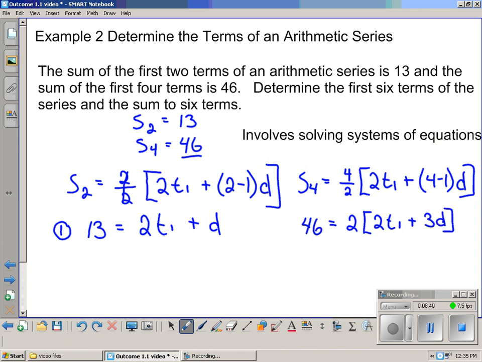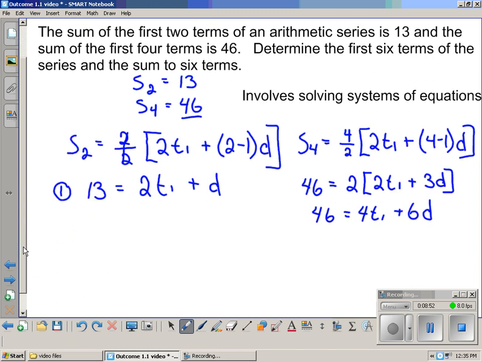I can distribute my 2 in, and I end up with 46 is equal to 4 times t1 plus 6 times d. I can simplify that equation a little bit more because each of those terms is divisible by 2. And so 23 equals 2 t1 plus 3d is going to be my second equation.